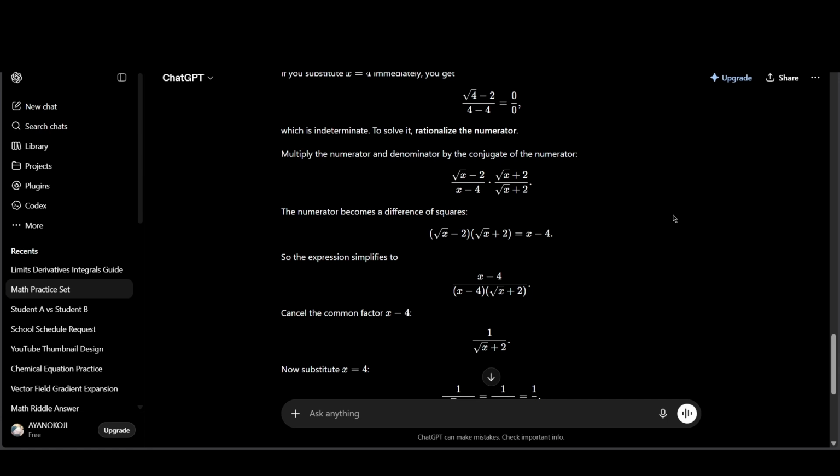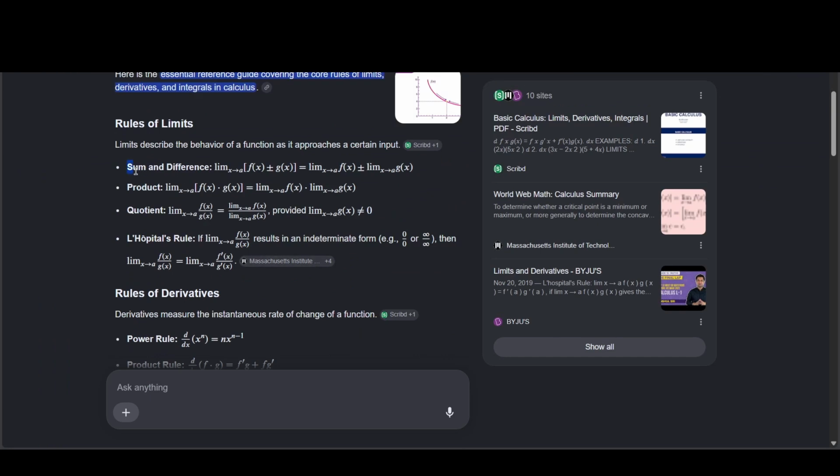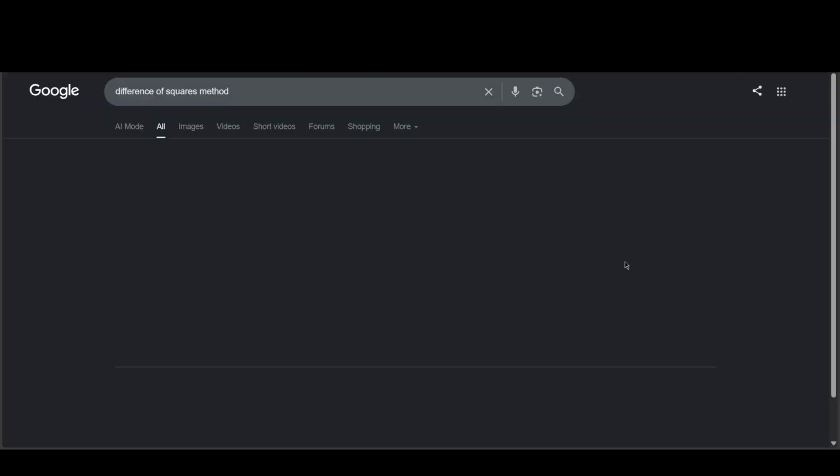Okay, so we have difference of squares. How does the difference of squares work? Difference of squares method. I've already searched this up.